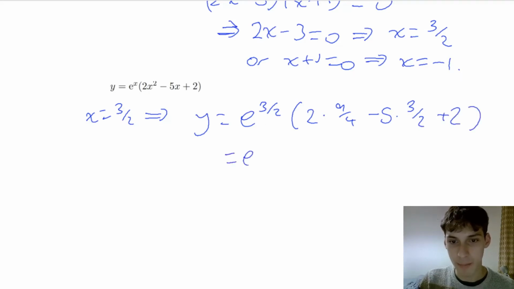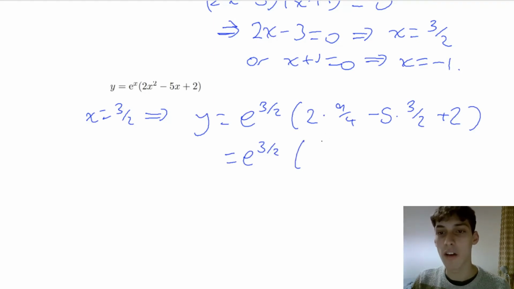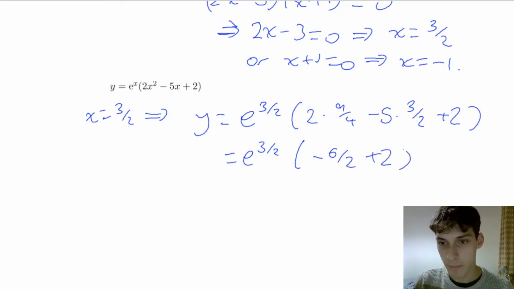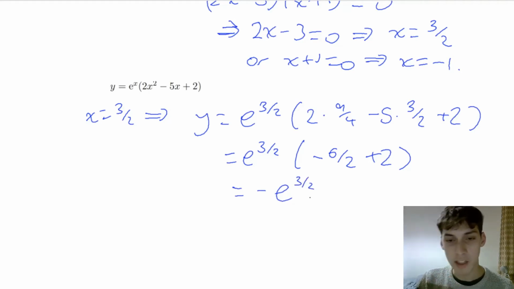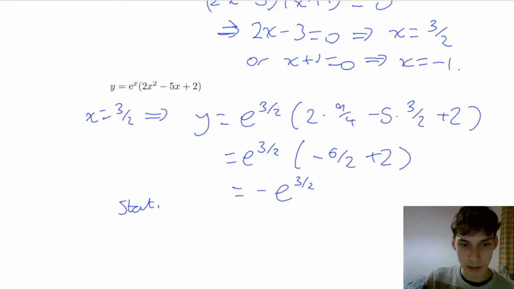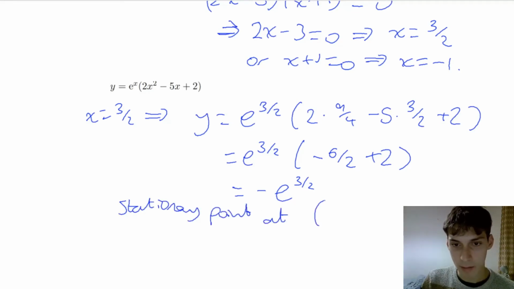A bit messy, but oh well, e to the 3 over 2, and what is that? That's 9 over 2 minus 15 over 2, so that is minus 6 over 2 plus 2, so it doesn't come out too horribly, and is equal to minus e to the 3 over 2. Okay, so we have a stationary point at x is 3 over 2, and y is minus e to the 3 over 2. Perfect.